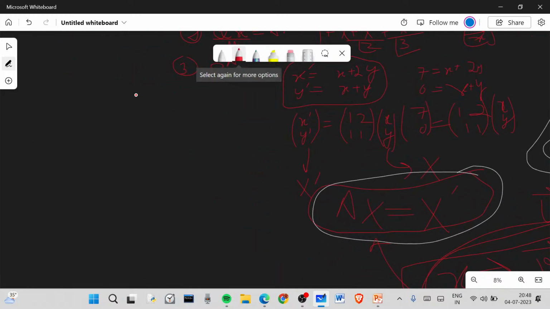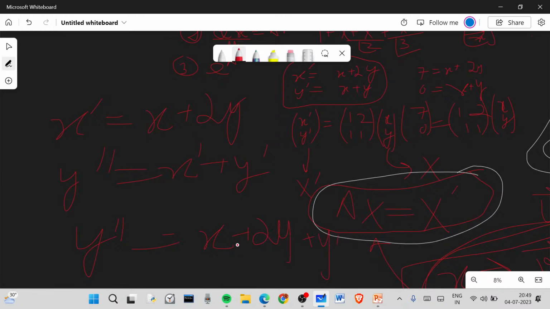Basically x' = x + 2y and y' = x + y. So we take the derivative on both sides, y'' = x' + y', and put x' = x + 2y, so it is x + 2y + y', and put x again in terms of this.